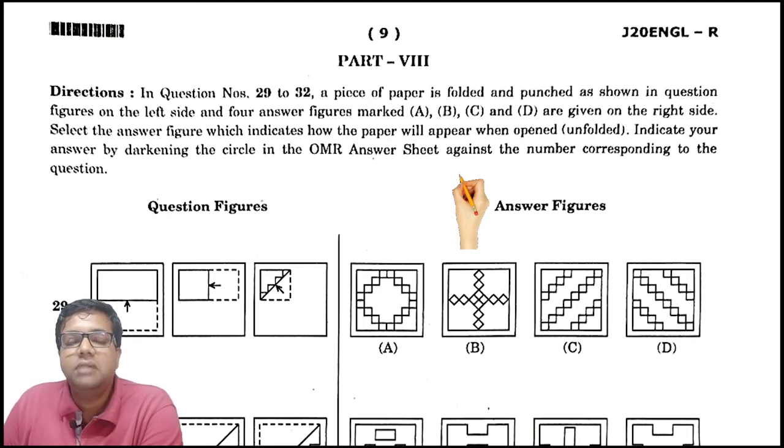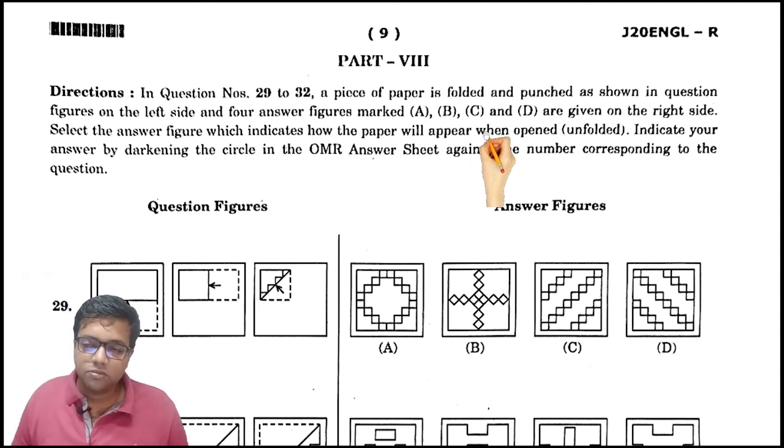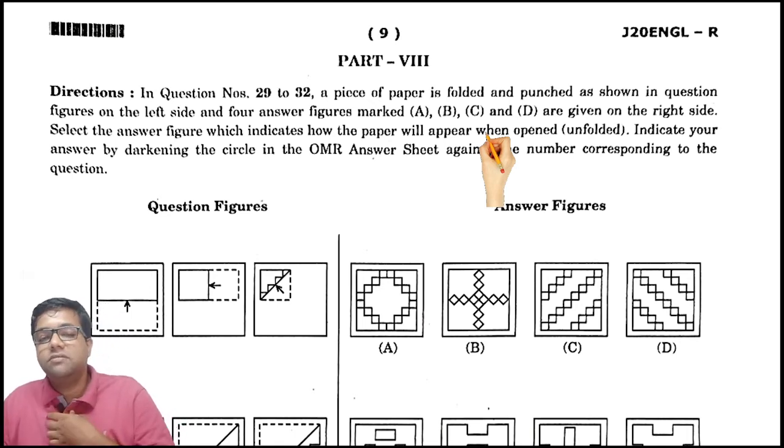There are 10 parts in the mental ability section, and reading each direction would consume at least 2 to 3 minutes, so for the whole examination you would consume 30 minutes. That's very precious time.